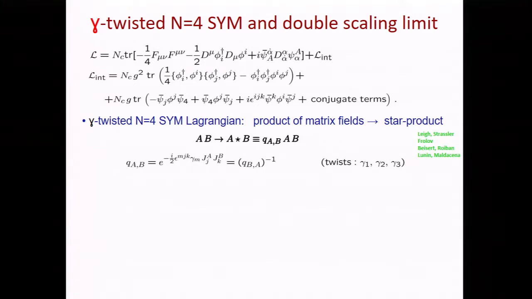So the commutator becomes a q-commutator, etc. And of course this deformation depends on 3 parameters, 3 twists, gamma 1, gamma 2, gamma 3, which correspond to 3 Cartan charges. You choose 3 Cartan charges, J1, J2, J3.